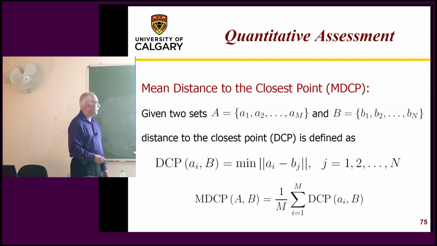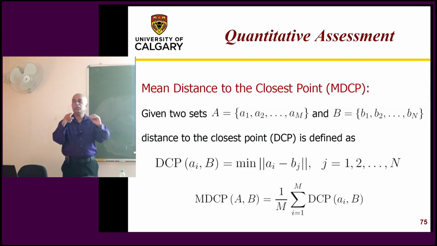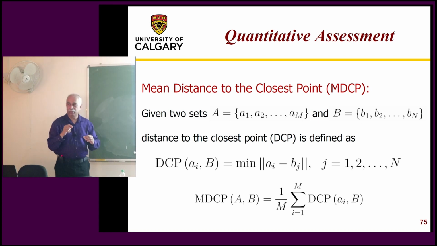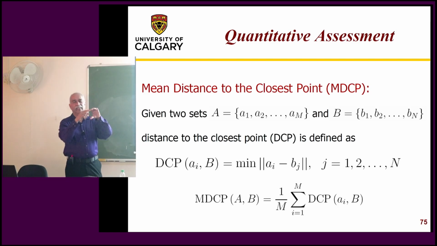So take one point in one of the contours, Ai, and find all the distances to Bj, and find the minimum one. What is the closest point? I got a contour here, and on my contour I have a point. Find the distance of that to all the points along the reference contour given by the radiologist. Find the minimum one. So that is the closest point to this point.